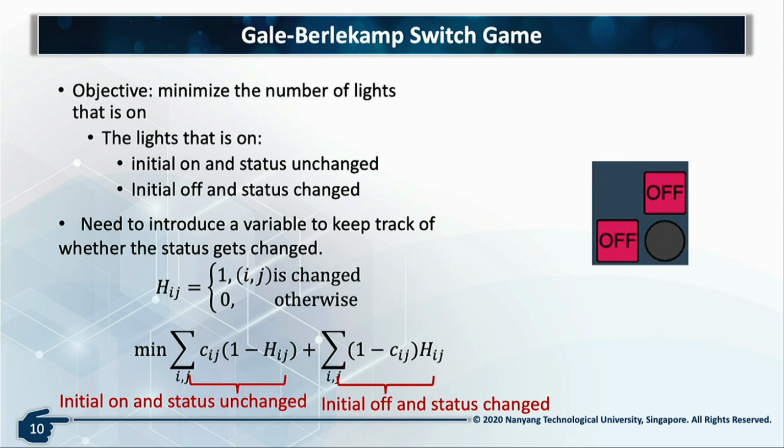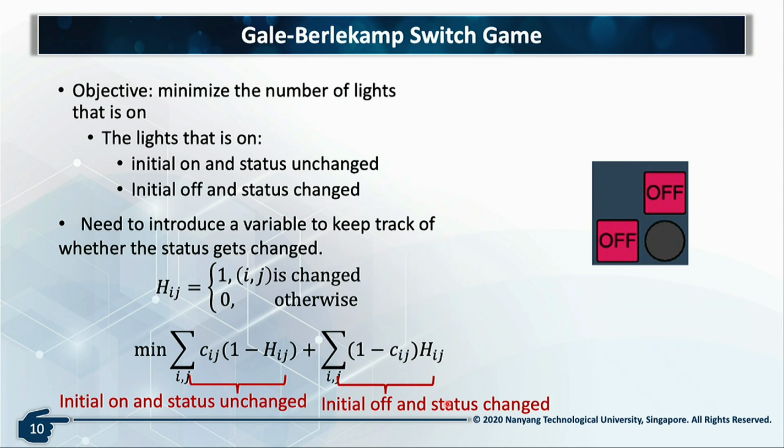The first part includes all the lights that are initially on, and your action does not change their status. The second part includes all the lights that are initially off, and your action does change the status of the light. Clear?